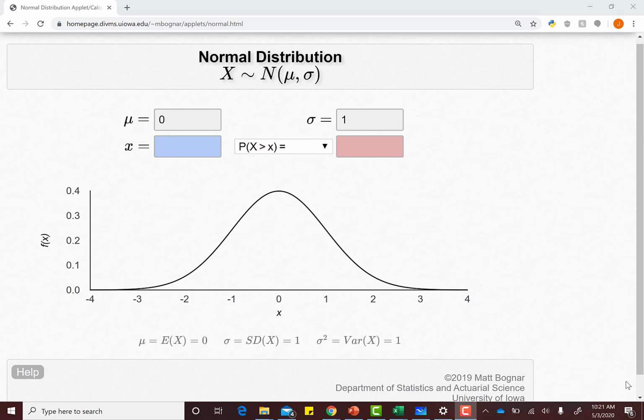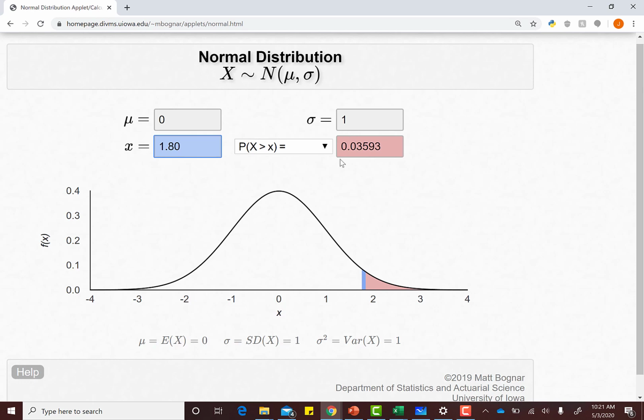I've opened up our distribution calculator. We're dealing with a normal distribution, and we turned our sample proportion into a z-score. So we should be at our standardized distribution, our z-distribution. Mean 0, standard deviation is 1, which is what it does by default. We'll input the value we're interested in, 1.80, and we'll look for all the area greater than.